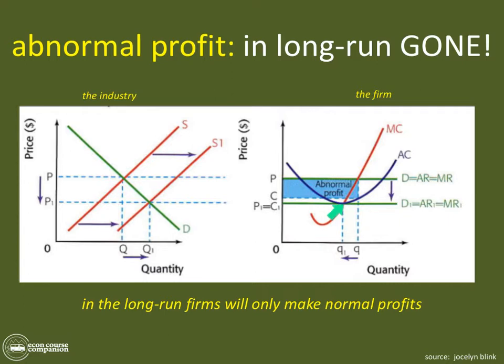And so right there, my friends, is the diagram for normal profits. Okay, normal profits is right there. So in the long run, the firm will only make normal profits, and that, my friends, is always, always the story of perfect competition: in the long run, everybody only makes normal profit.